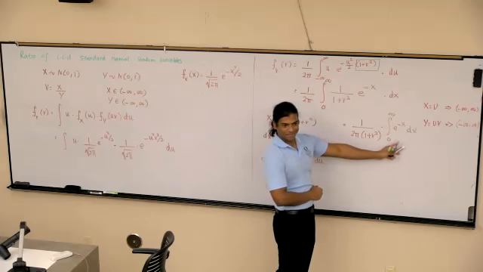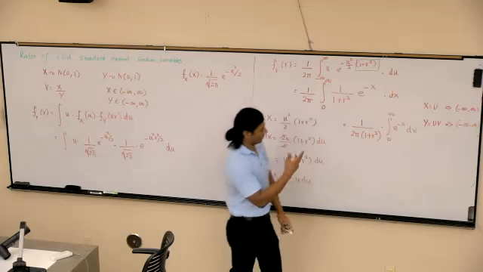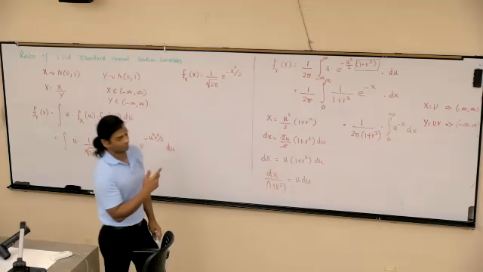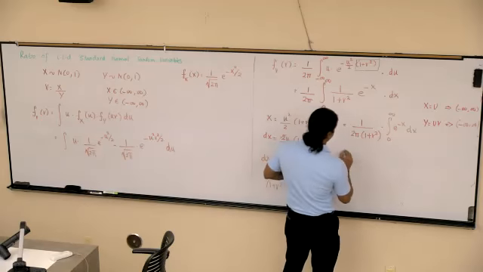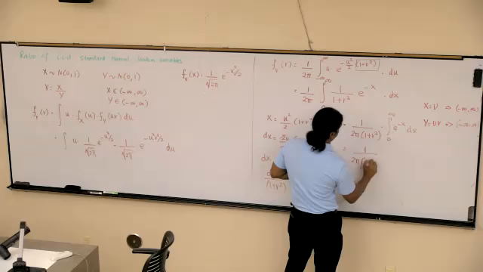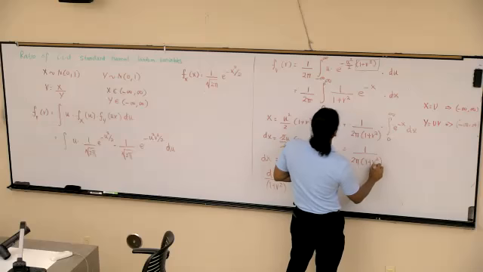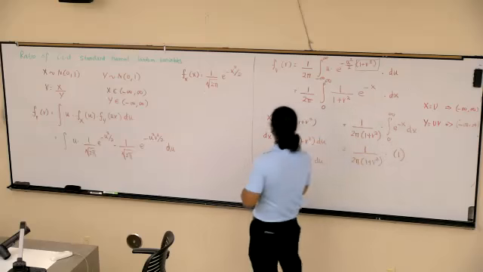Integral of e raised to minus w is minus e to the minus w. Okay, after you apply the limits, what do we get? 1. So that would be 1 over 2 pi, 1 plus v squared, times 1.